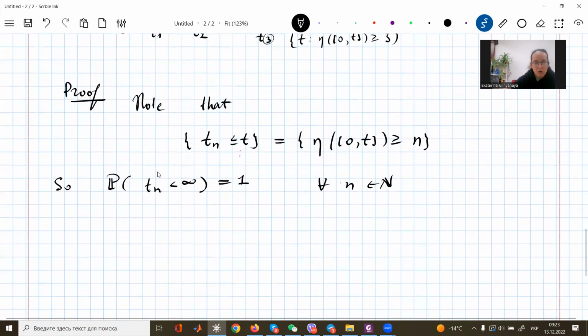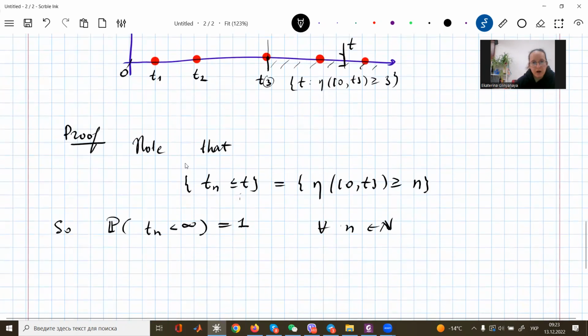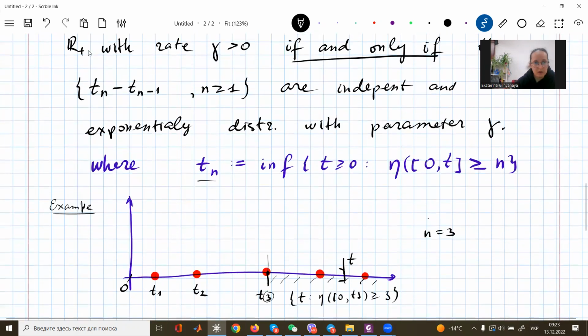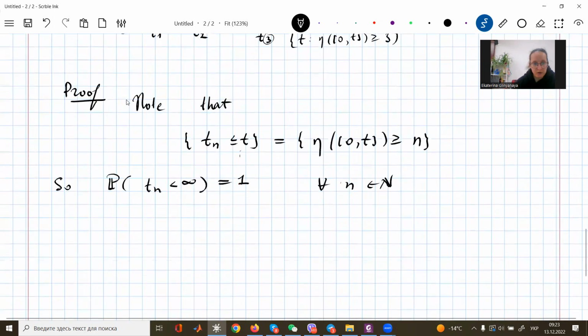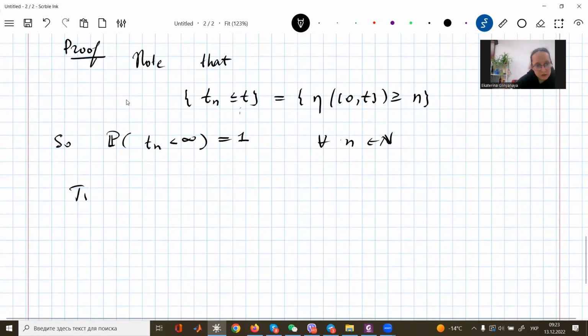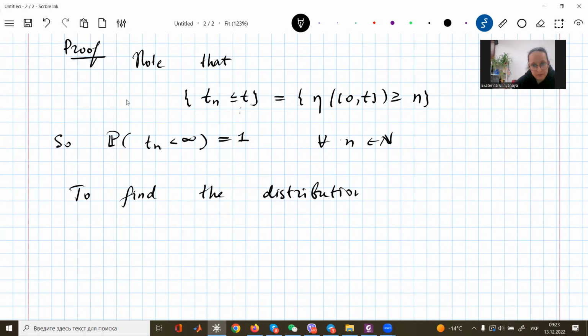Okay, so now how can we find the distribution of these increments, the distribution of a random vector?